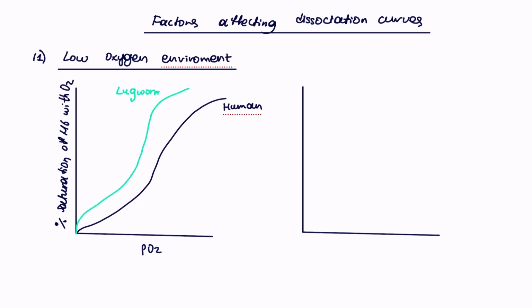So in this case, lugworm has hemoglobin that in turn has a higher affinity for oxygen, and then this can be compared to human, and then I would just suggest, guys, you note this down, that in human, hemoglobin has lower affinity for oxygen compared to the lugworm from this graph.